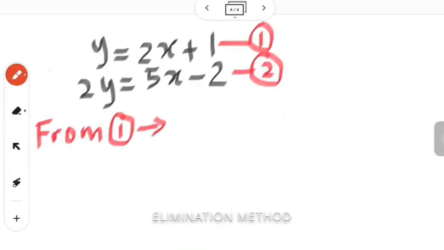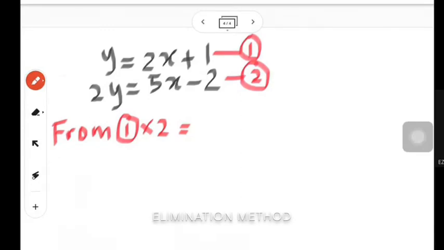I multiply 2. Okay, from 1, cikgu times 2. So, jadi apa? Whole equation 1 I multiply 2. What do I get? If I multiply, 2y is equal to 4x plus 2. Okay.